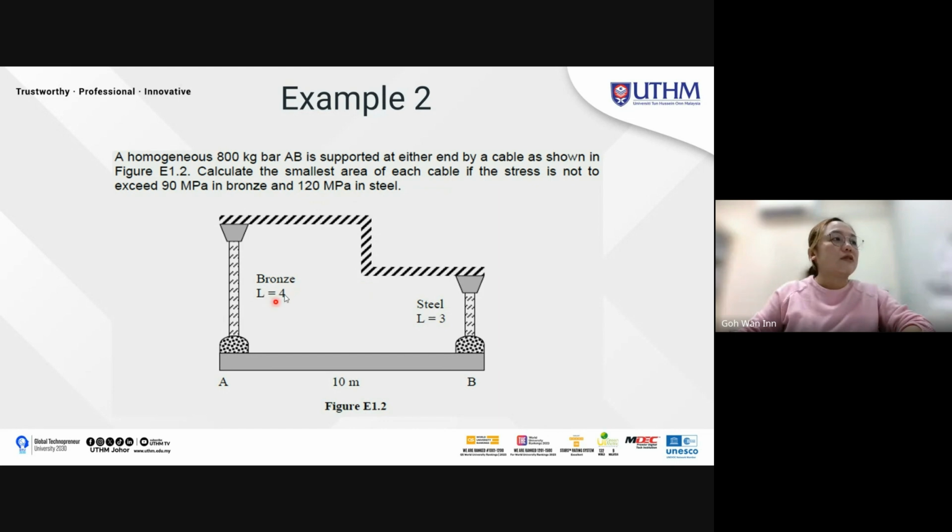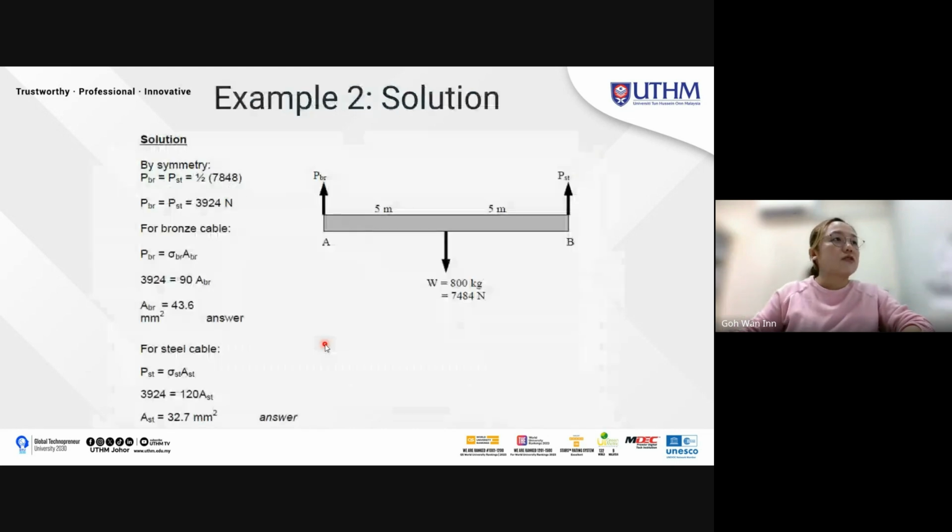When you sketch out the free body diagram, you can see that W is 800 kg. When you convert it to Newton, you will get 7847. Actually, this one is a typing error. 7847.